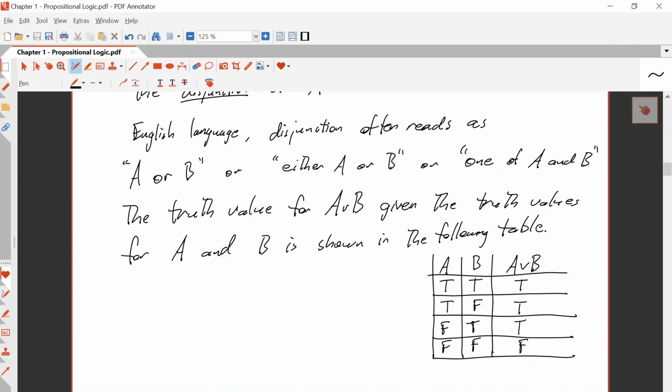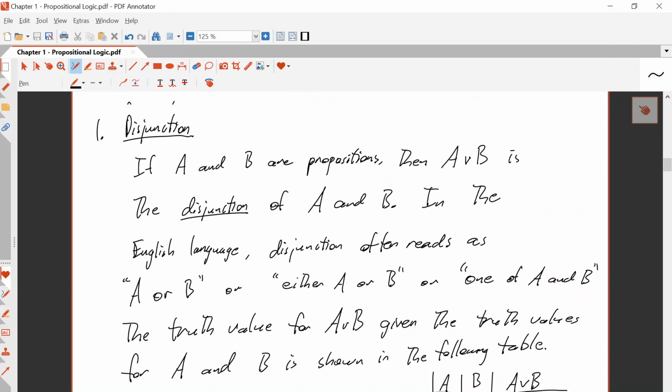So in the English language, or does have that sort of ambiguity. There's the ordinary or and there's the exclusive or. But in propositional logic, we have to have a definite meaning, and it's the ordinary or. It's not the exclusive or. So it's true when either one of A or B is true.